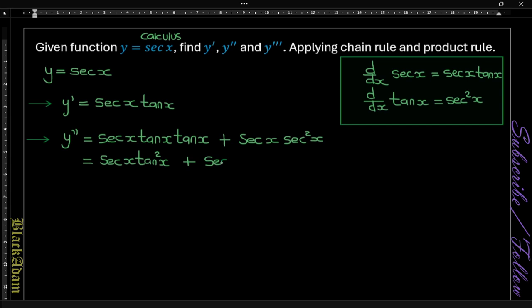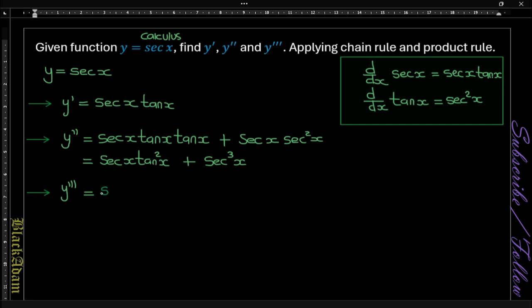sec cubed x, and then the third derivative will mean that we apply chain rule there. So the chain rule, actually, and product rule, so it's going to be product and chain rule.